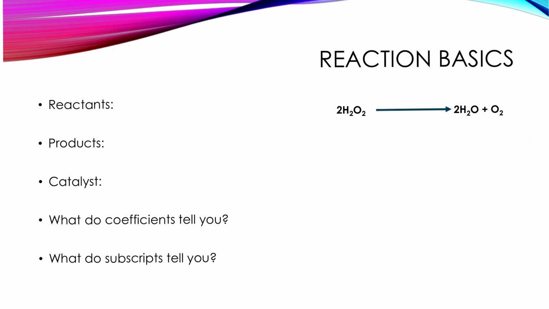There are a couple more important terms that you need to be aware of, and the first one is reactants. Reactants are like the ingredients of the chemical reaction, and you're going to find them on the left side of the chemical equation. They're what's present at the start. Like I said, they're the ingredients.